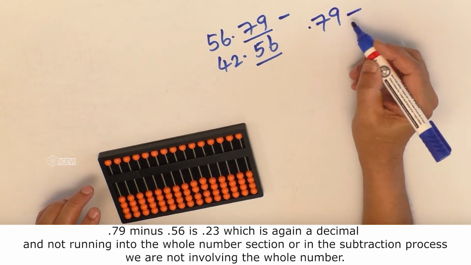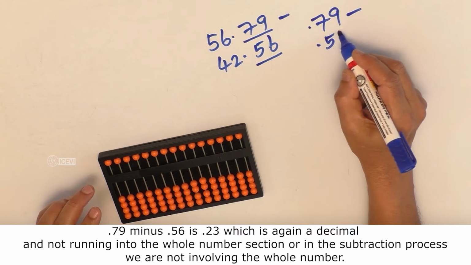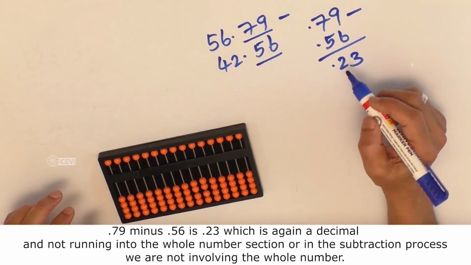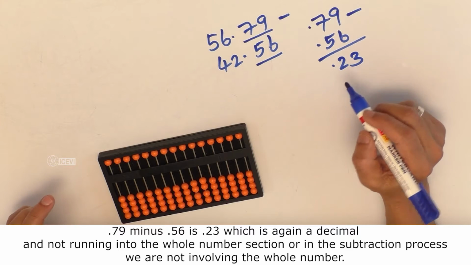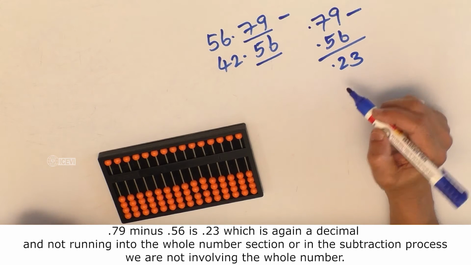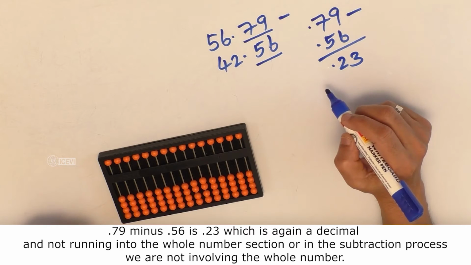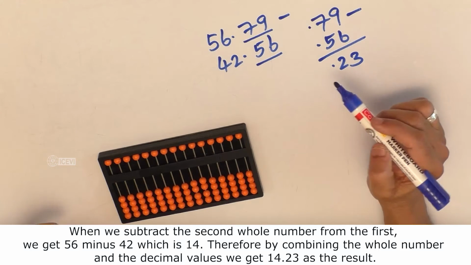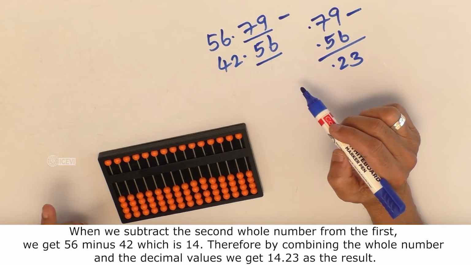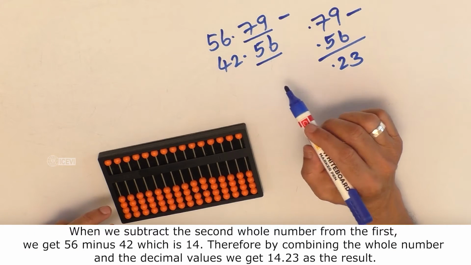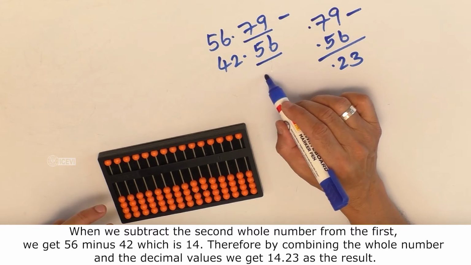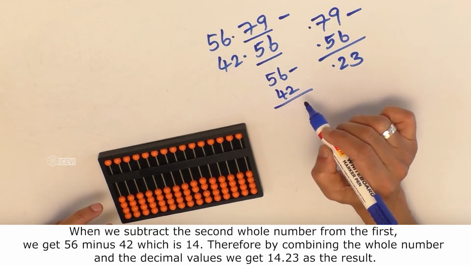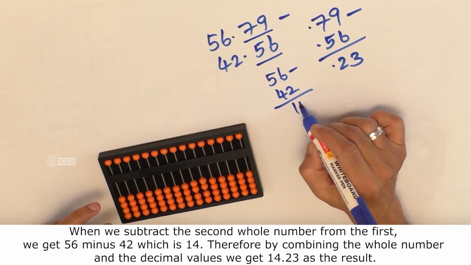0.79 minus 0.56 is 0.23, which is again a decimal and not running into the whole number section. So in the subtraction process, we are not involving the whole number. When we subtract the second whole number from the first, we get 56 minus 42, that is 14.